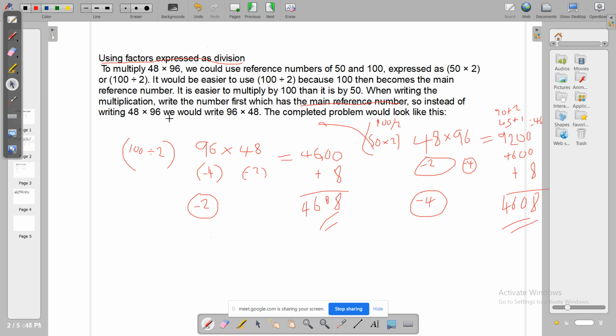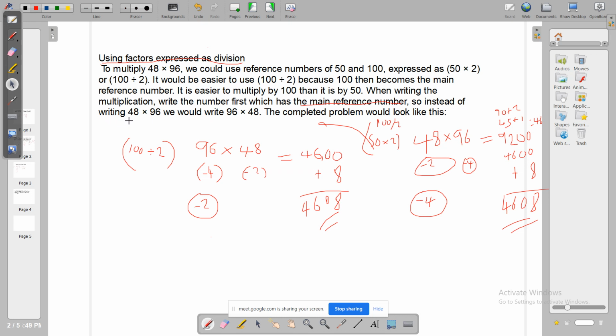The question given to us will be written as 96 times 48. Now the 100 will be my main reference number for 96. Then I ask myself, the next reference number is 50. What number do I need?